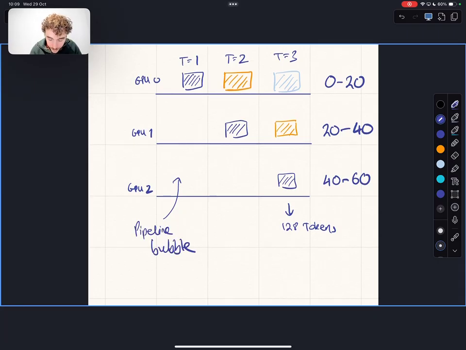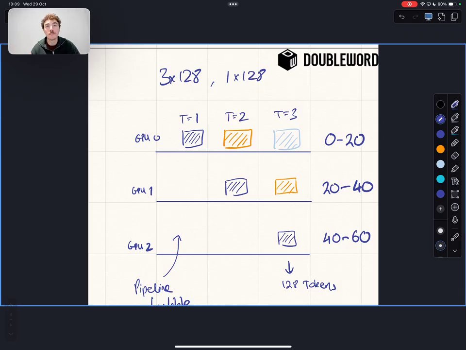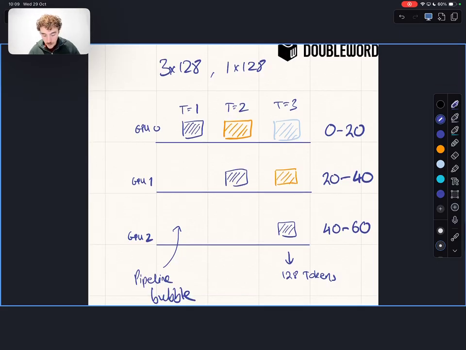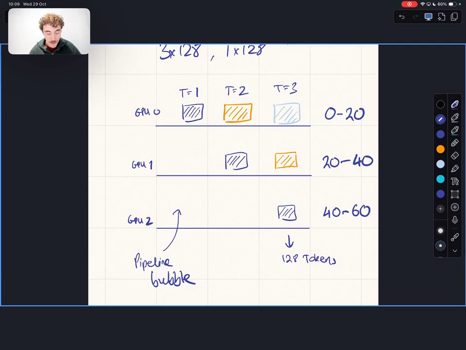But if you're operating under sufficiently high load, it's fine, because if you extend this out and you have constant batches of 128 coming through your system, overall this bubble is very small and your GPUs are maximally utilized. The bubble will only happen at the start, at the end, or during down periods. So it's fine to have a small bubble. Certainly better than what we had before.